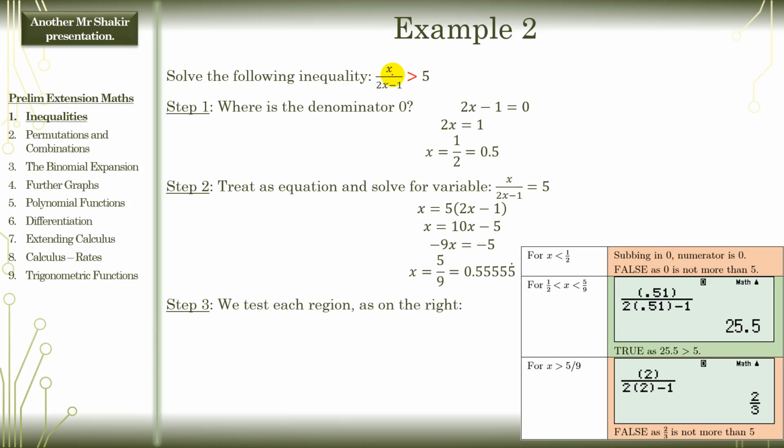The top can be 0, that's fine. It's just the bottom, the denominator, that cannot be 0. Alright, and then we find that is the region, that is the solution. We mark it in. Note that was a strict inequality, and therefore we have strict inequality symbols over here. And then we draw a number line and then we mark in the solution.